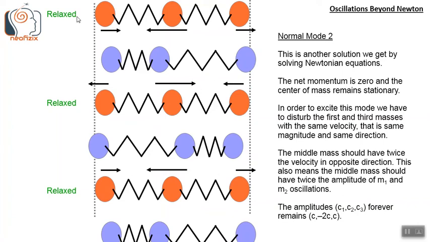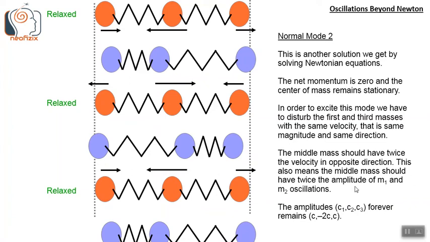Same phase, same direction, same velocity, v and v. And the middle mass should have twice this velocity, but in the opposite direction. So if m1 and m3 have velocity v, the middle mass m2 should have velocity minus 2v.